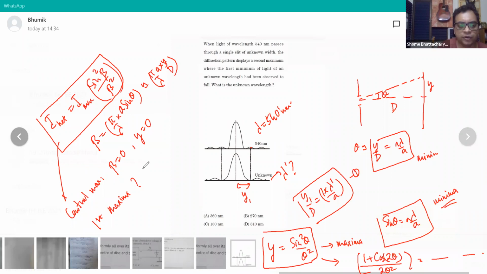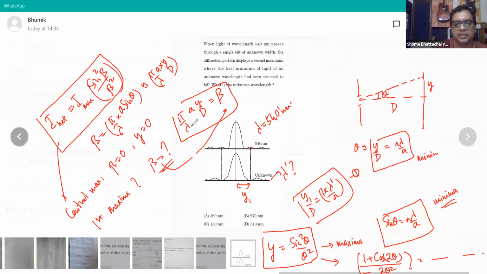There's some particular value of beta. So when you put pi by lambda a y by d equal to that value of beta, which you're getting over here for the maxima, you will be able to understand the relationship between this lambda, where this lambda is now going to be 540 nanometers.